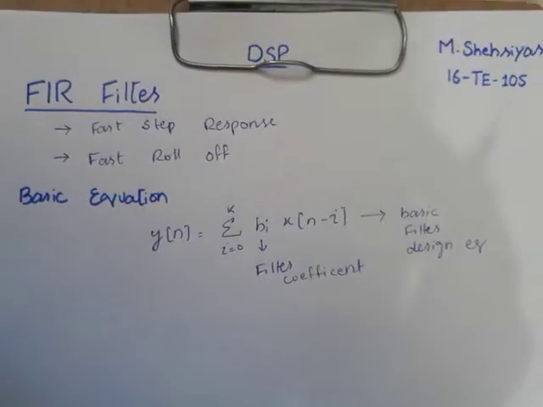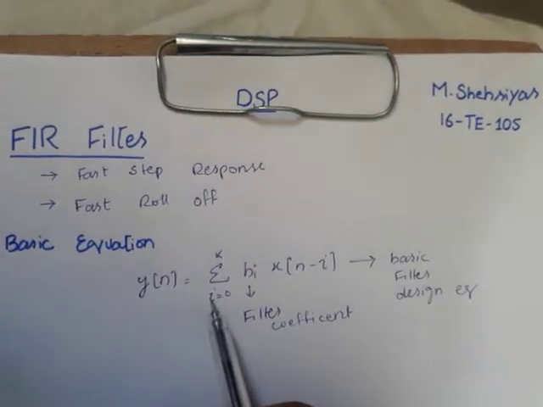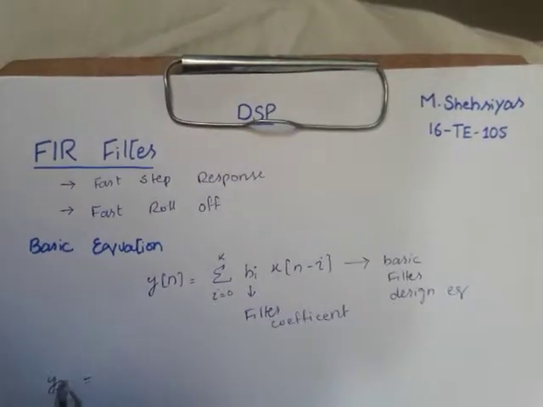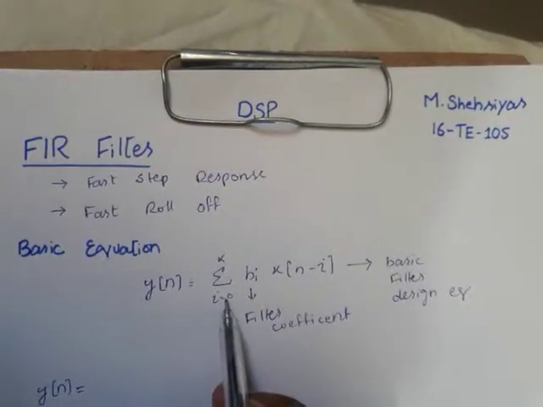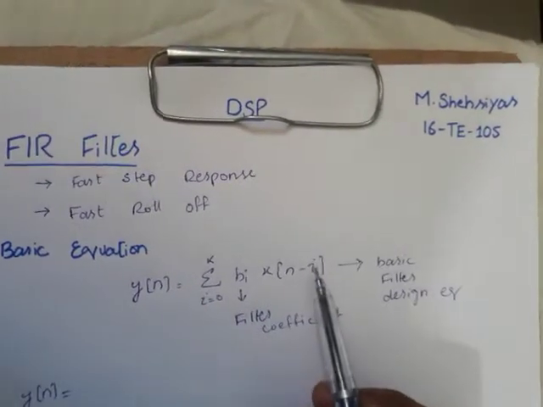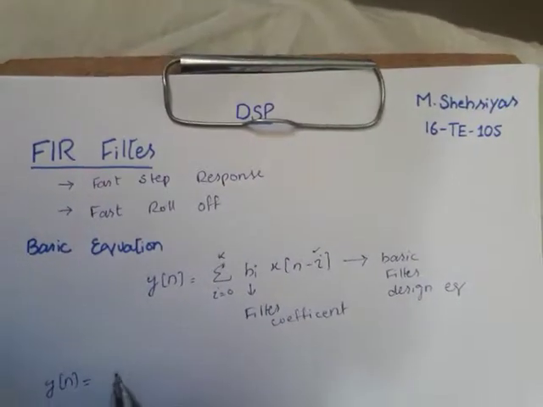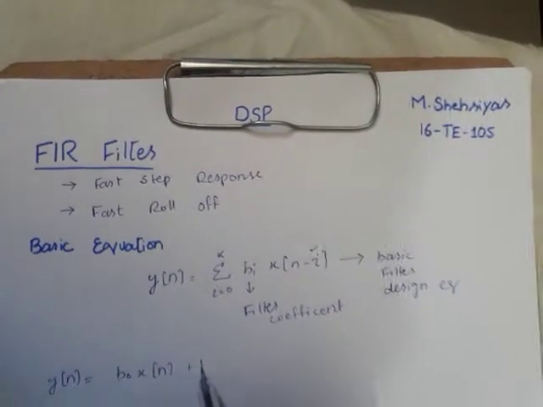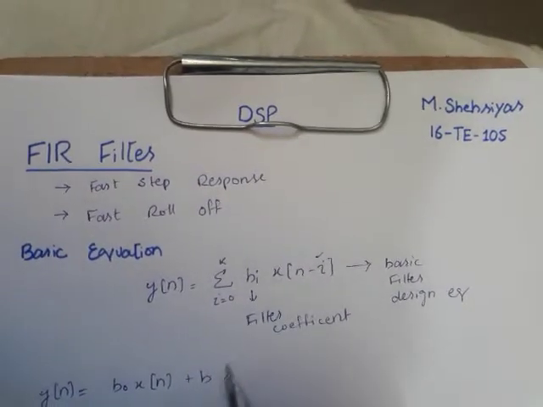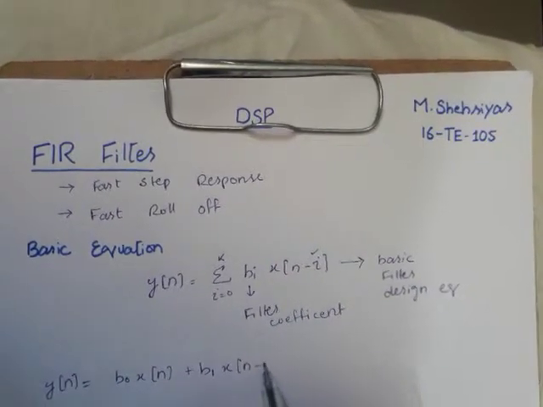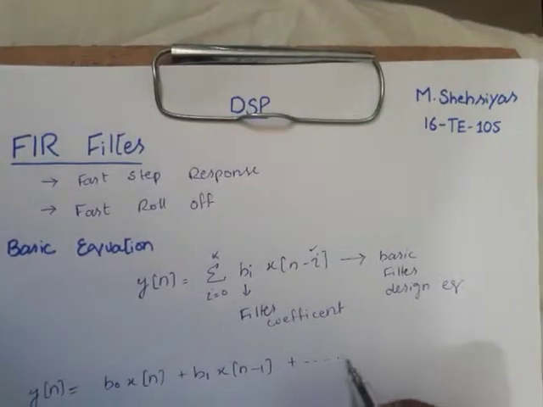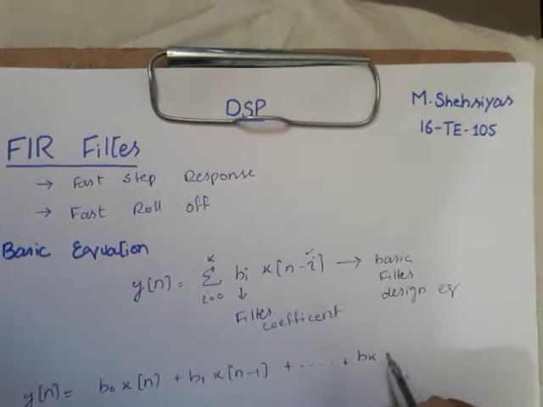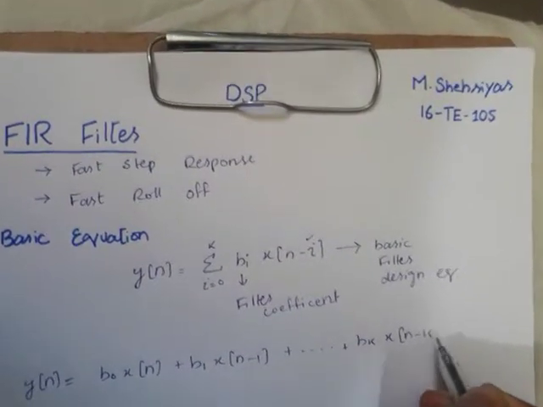So now we will expand this equation, as here it is from 0 to k. First put i equal to 0 in this place, so it will become b0 x of n, plus, then i equal to 1, b1 x of n minus 1, plus so on, and then put i equal to k, which is bk x of n minus k.